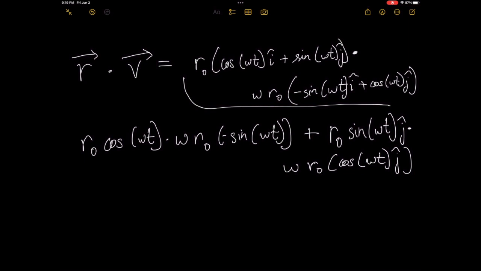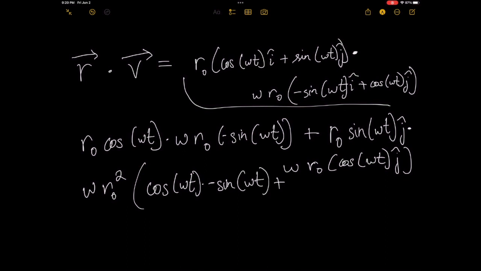From here, you would factor out an omega r naught squared. And that would be cosine omega t times negative sine omega t plus sine omega t cosine omega t.